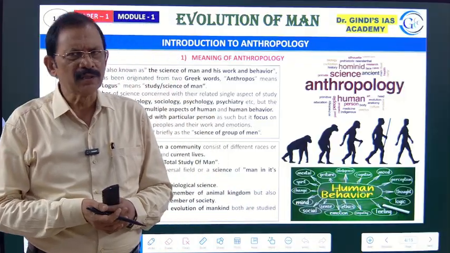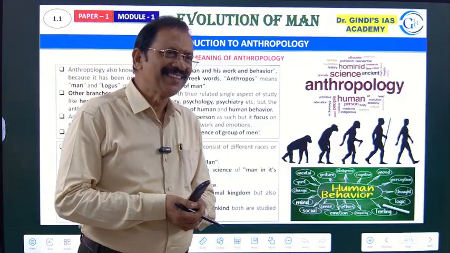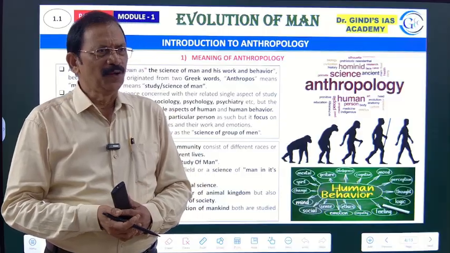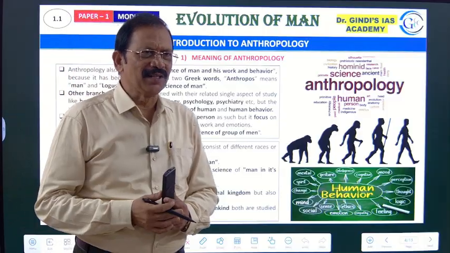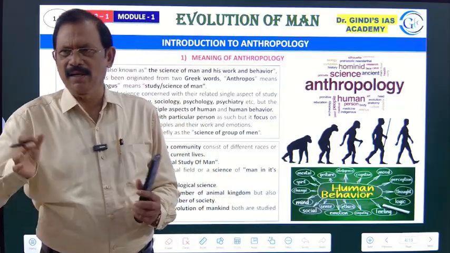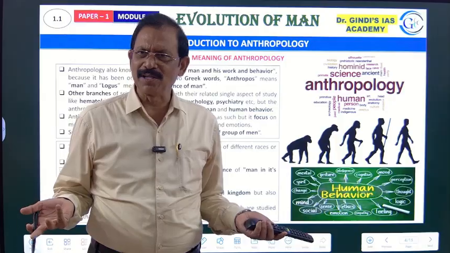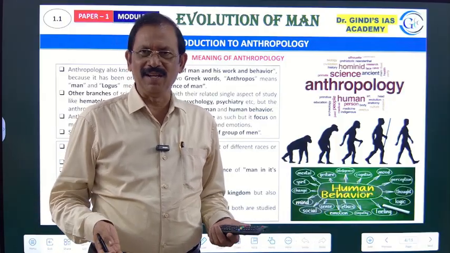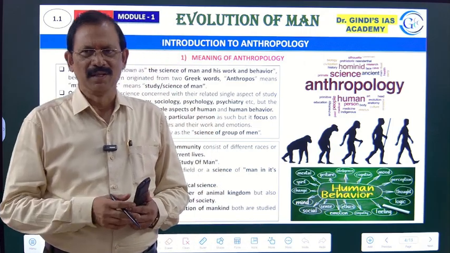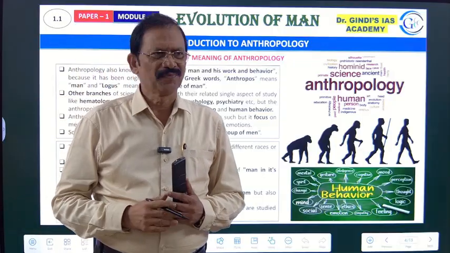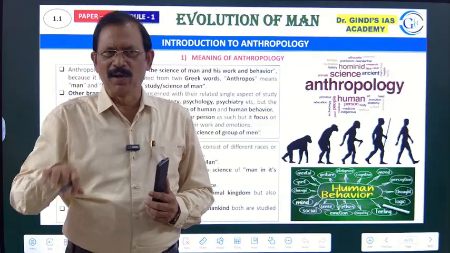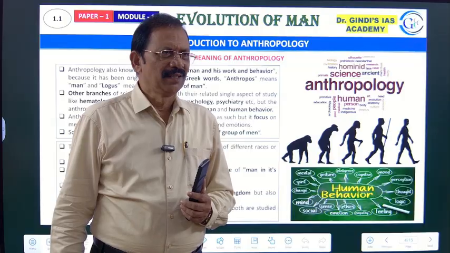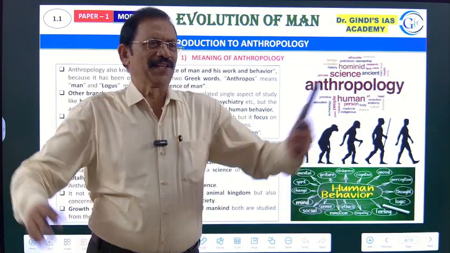What is meant by evolution? In simple terms, freely we use the terms evolution and revolution. Revolution means sudden change.